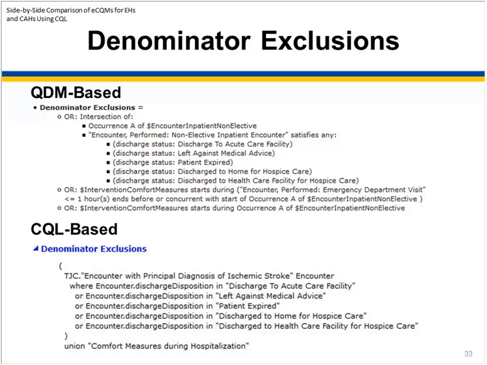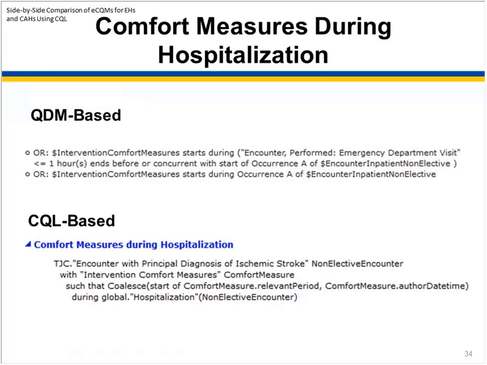So in the QDM version of that, the comfort measures during hospitalization, we're looking for emergency department visit encounters performed immediately prior to the encounter inpatient, or that it starts during the encounter inpatient. We see this a lot throughout the hospital measures, where what we're looking for is some event that occurred during the period from emergency department admission through the end of inpatient stay.